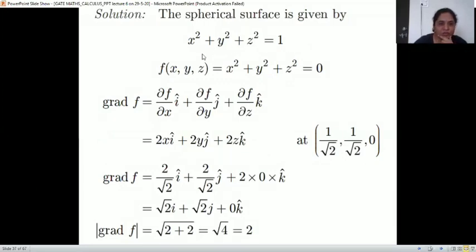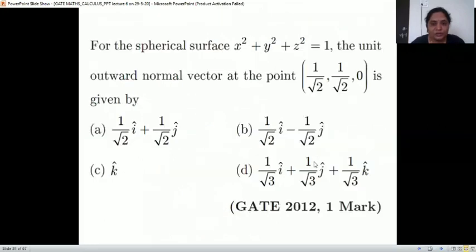This is the spherical surface, and what is asked is we are finding del f. Why we are doing this, I'll tell you. Dou f by dou x I bar, that is 2x I bar plus 2y j bar plus 2z k bar, and this is at point 1 by root 2, 1 by root 2, 0. Whenever it is asked the unit outward normal, whenever there is the word normal, you have to find its gradient, del f.